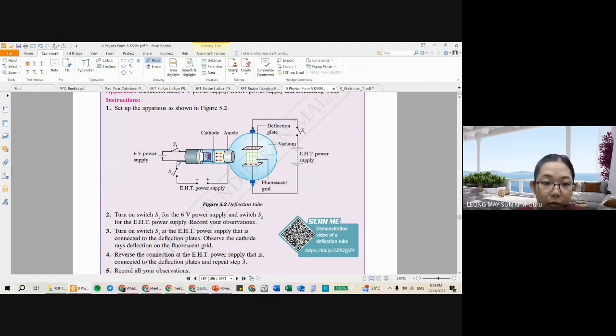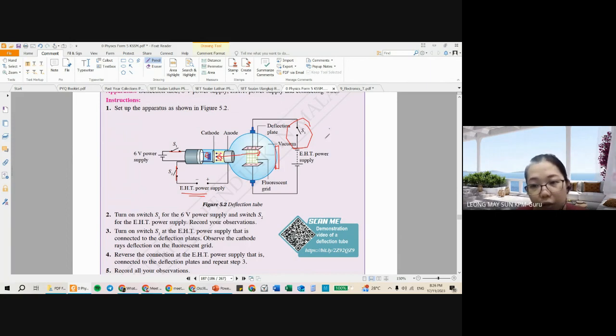When S2 is closed, the circuit is complete for the extremely high tension power supply, and the electrons will shoot in a straight line towards the screen. Usually the screen is located here. When the screen is at this position, we have a switch S3. This switch S3, if you notice, is placed on the y-axis.